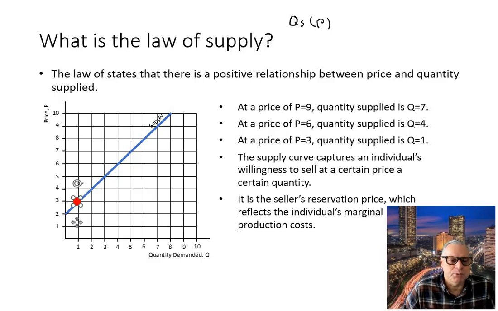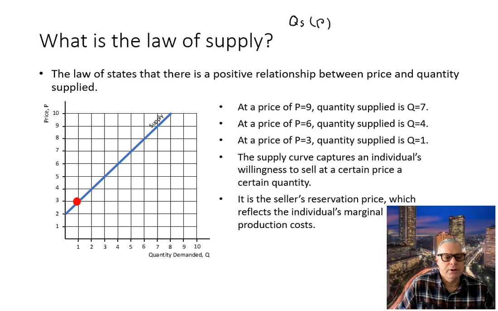Well, of course, the seller would like to get 4, 5, 6, or 7, or 10, but that's the reservation price. The price cannot go below. So the supply function captures the reservation price, and that reservation price in turn is a function of the marginal opportunity cost.